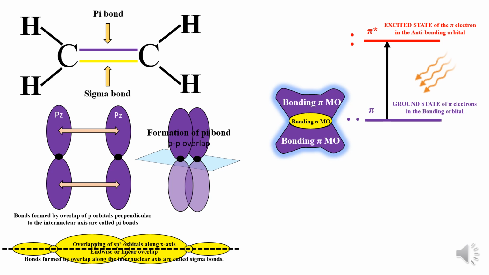The pi electrons present in the bonding pi molecular orbital are represented by the symbol pi, while the pi electrons in the excited state in the anti-bonding orbital are represented by pi star.